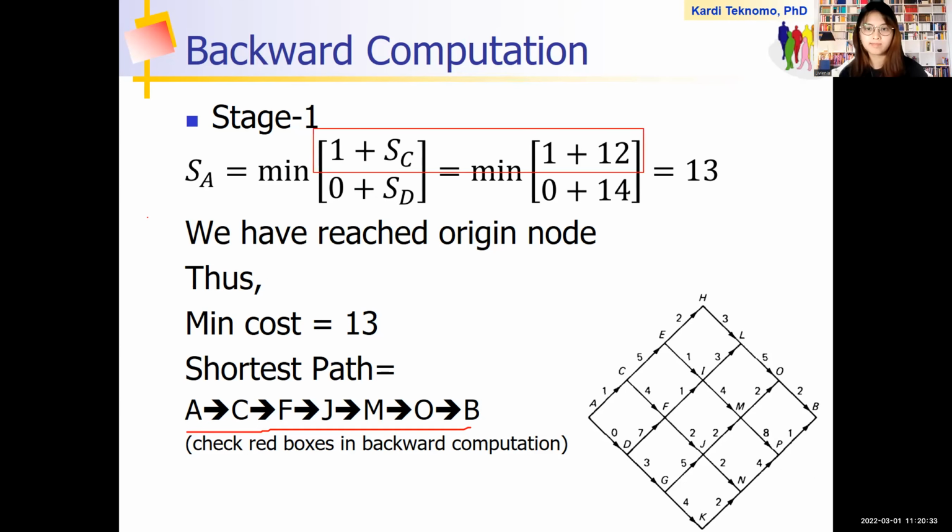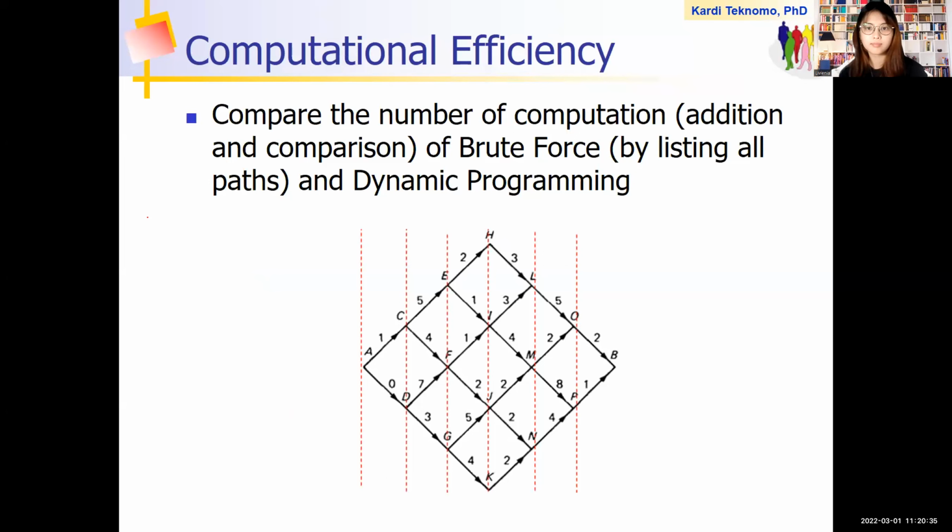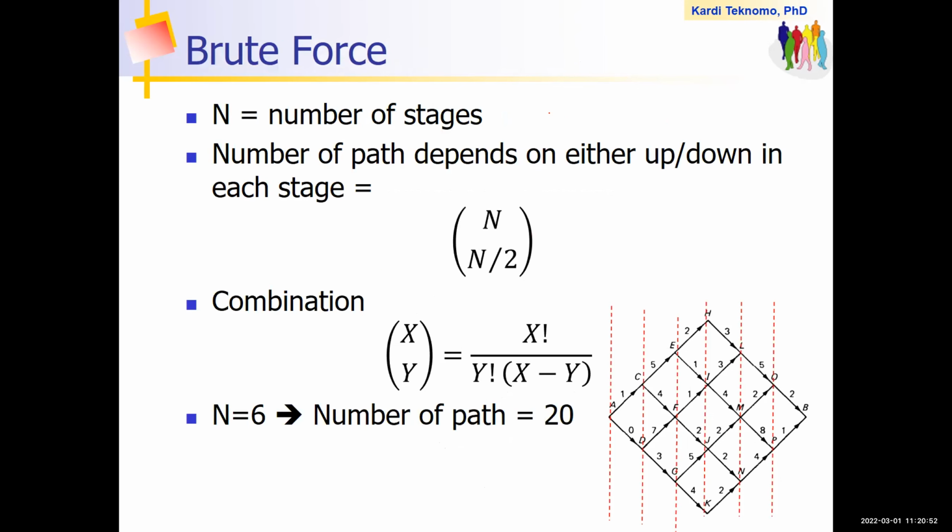Okay. So now before that practice, I want you to check the efficiency of the computation. Compare the number of computations, the additions and comparisons, by brute force compared to dynamic programming. If you use brute force, we have n as the number of stages.